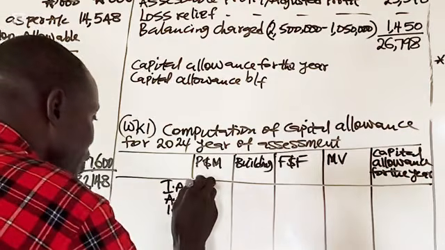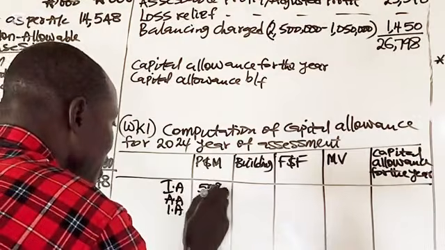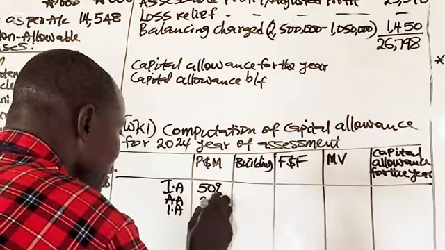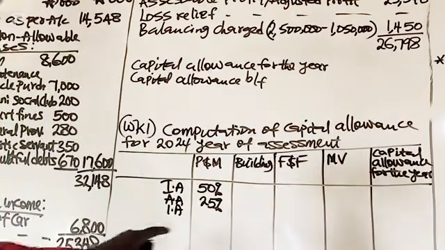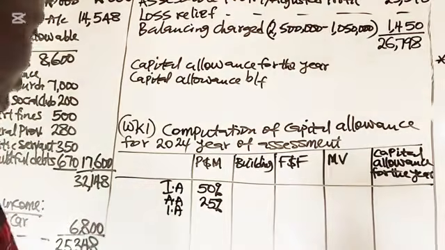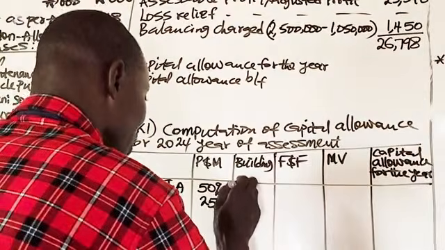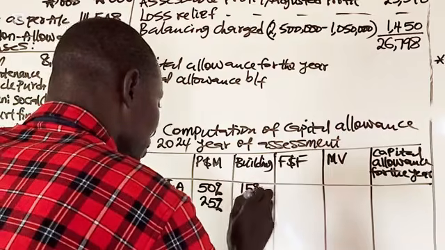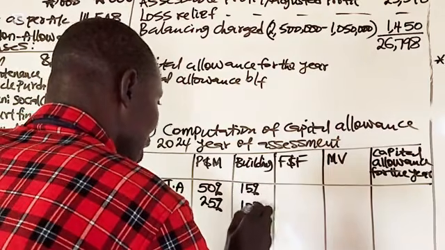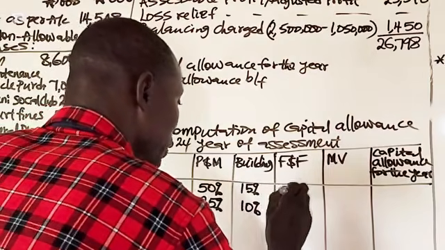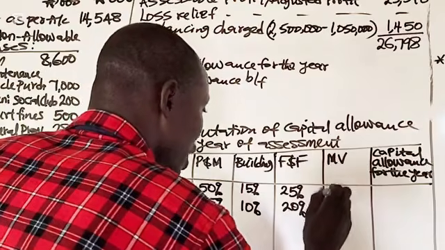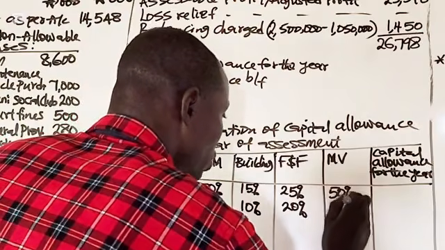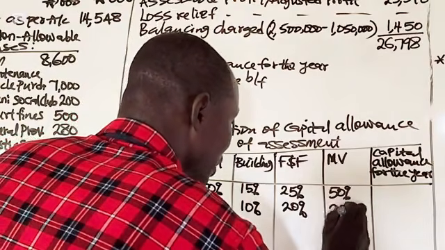Initial allowance 50% on plant and machinery, annual allowance is 25%, investment allowance is 10%. I will decide whether we will need to use the investment allowance or not. So this one is 15%, then we have 10% as annual allowance. This is 25%, we have annual allowance of 20%. Then we have 50% on motor vehicles, annual allowance of 25%.